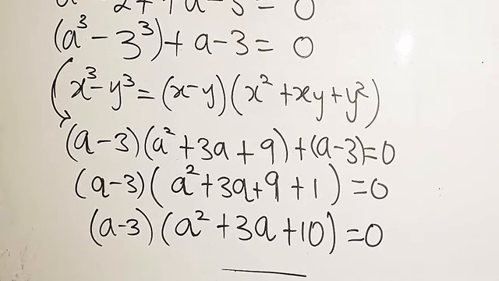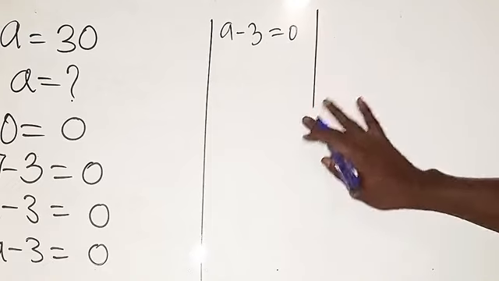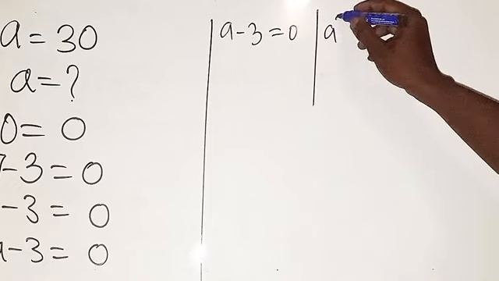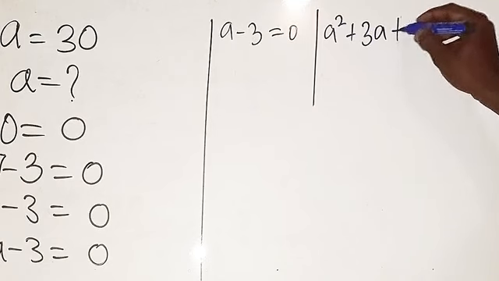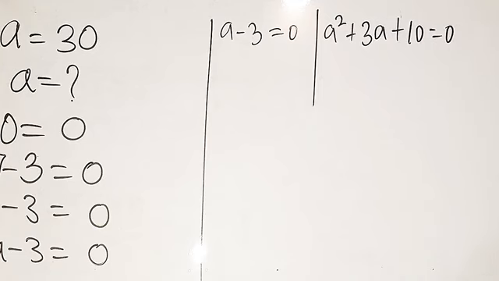You understand? So from there, the next thing we're going to do is that we'll be having this to be a minus 3 equals 0, or a squared plus 3a plus 10 equals 0, right?